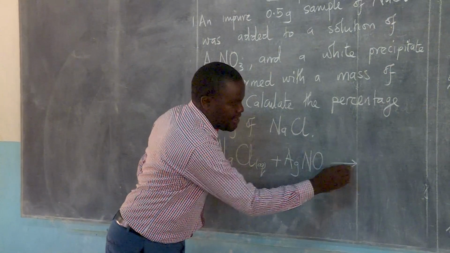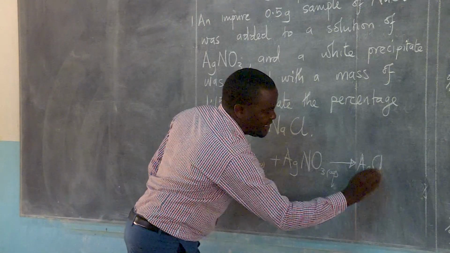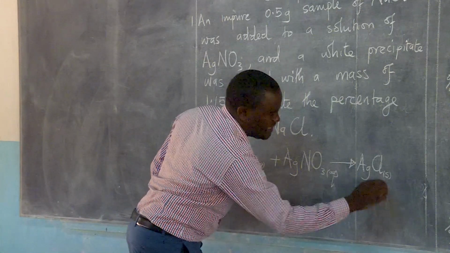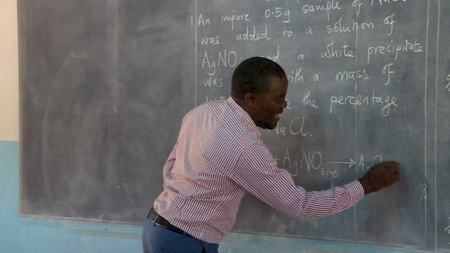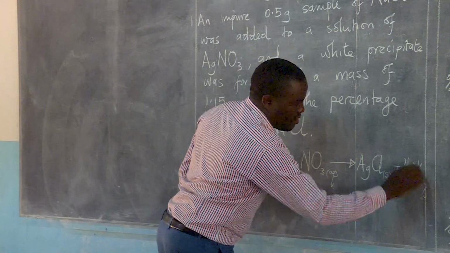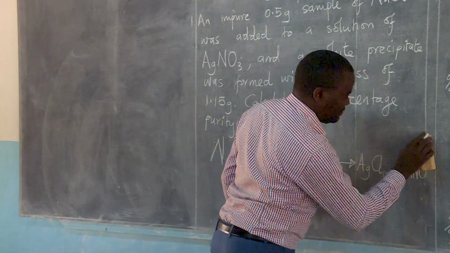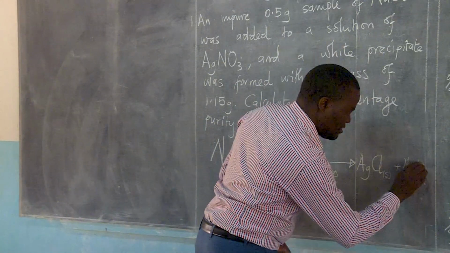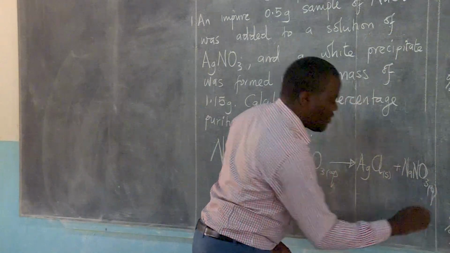So this will give us silver chloride, which is in solid state. So this is our white precipitate that will be formed, and sodium nitrate, which is in aqueous state.